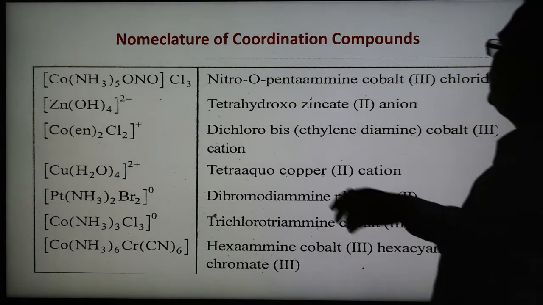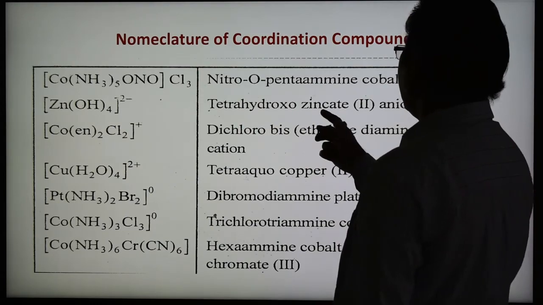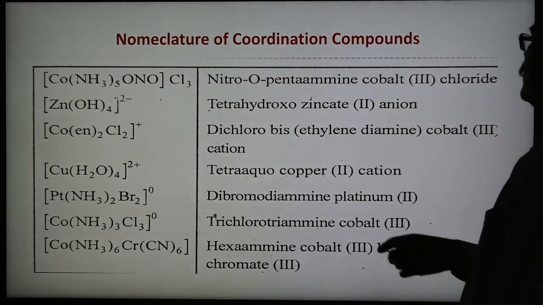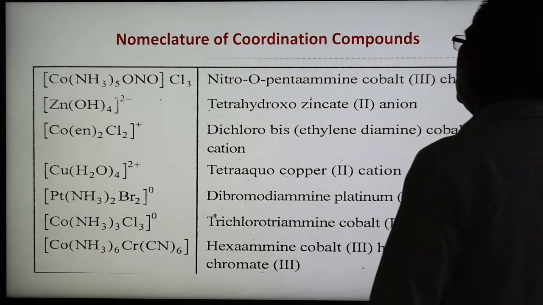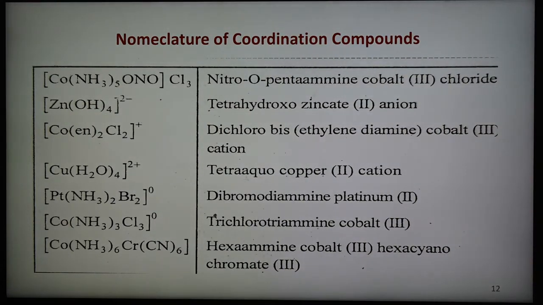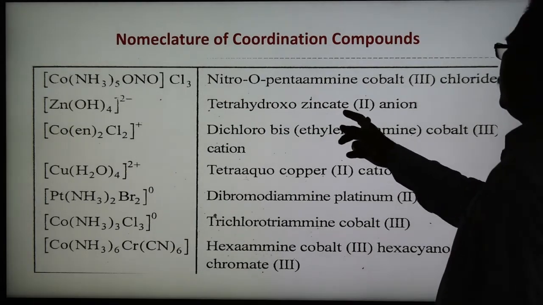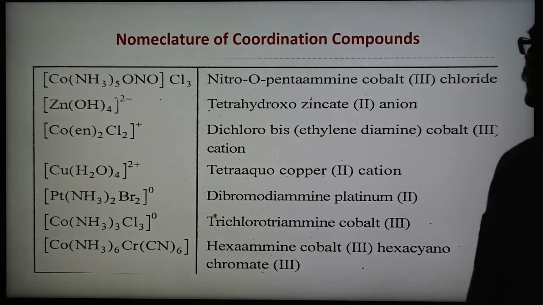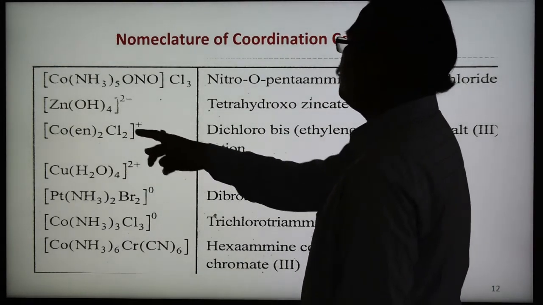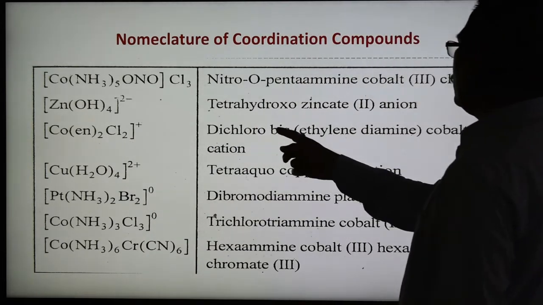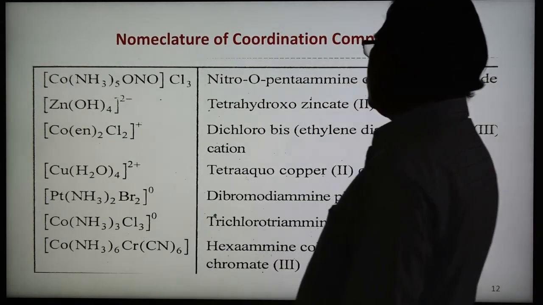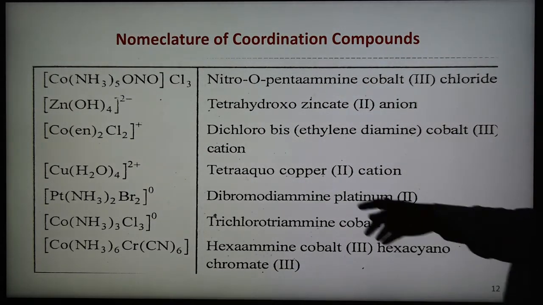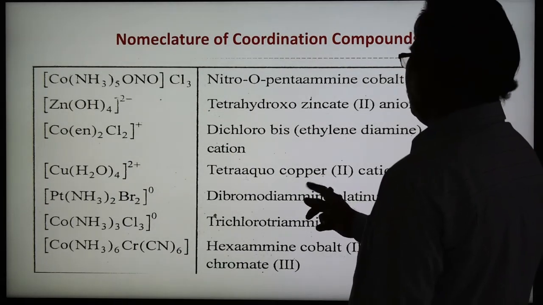Another example is tetrahydroxozincate 2 anion. Tetrahydroxo zincate, because it is part of the negative ion, therefore zincate, ate 2 anion. After that, dichloro bis ethylenediamine cobalt 3 cation, where ethylenediamine is bidentate, and tetraaqua copper 2 cation, simply copper because it is part of the positive ion.